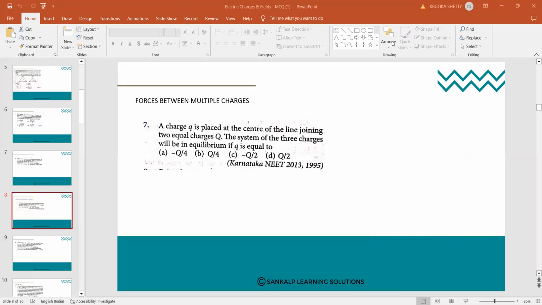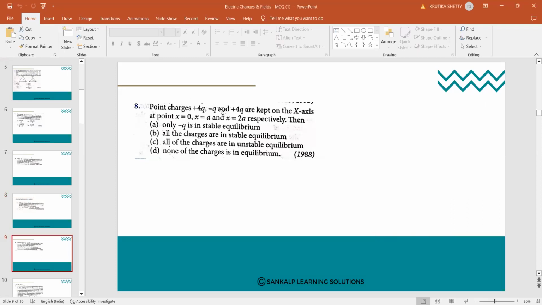Yes, the next question is: point charges plus 4q, minus q and plus 4q are kept on the x-axis at points x equal to 0, x equal to a and x equal to 2a respectively.